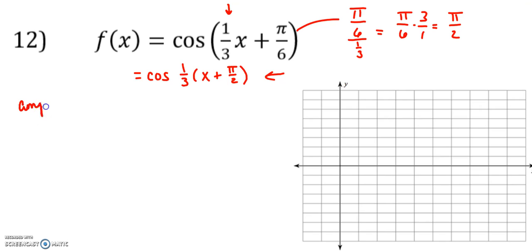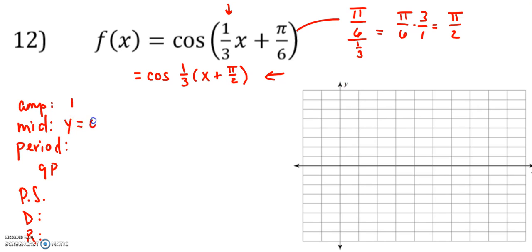So let's go over the amplitude, the midline, the period, the quarter period, the phase shift, the domain, and the range. The amplitude is 1, the midline is 0, the period is 2 pi over the absolute value of b, which is 2 pi over 1/3. That's going to be 2 pi times 3 when we flip and multiply.